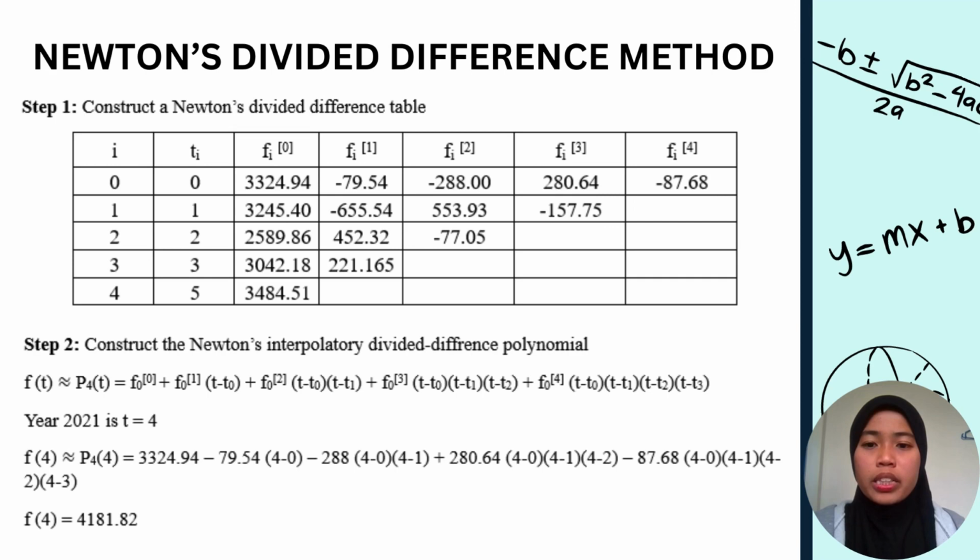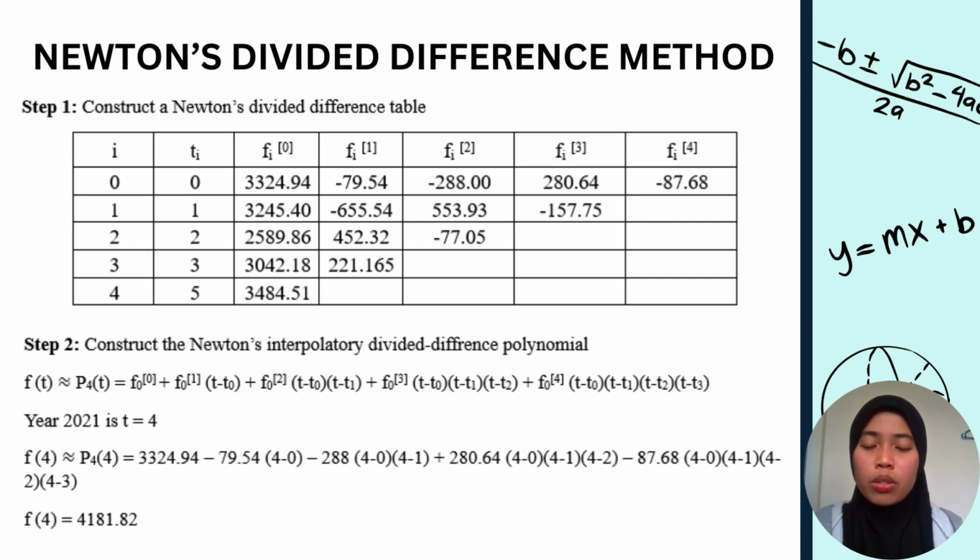The second method is Newton's divided difference method. Step 1 is to construct Newton's divided difference table. Input all the data available from the mean annual precipitation table and calculate F1, F2, F3, and F4. Then step 2, construct Newton's interpolatory divided difference polynomial using this formula.